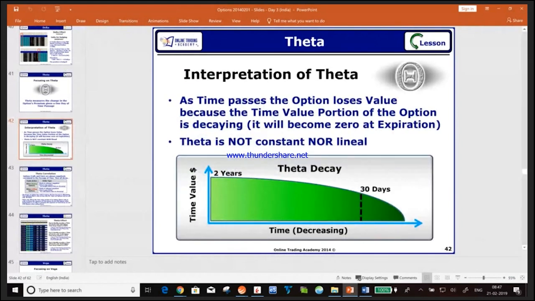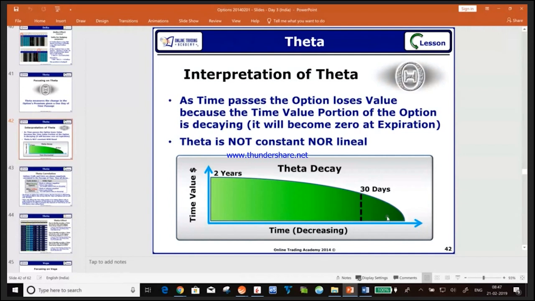Okay. Do you see this graph, Arun? What does this graph tell you? That time value is higher when there is more time for expiration, and time value is lower when there is less time for expiration.